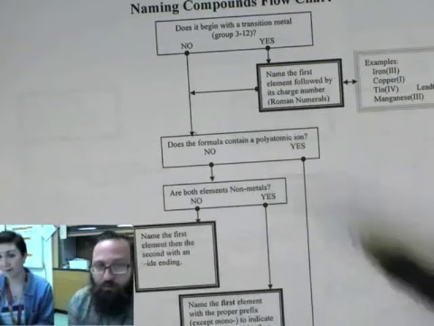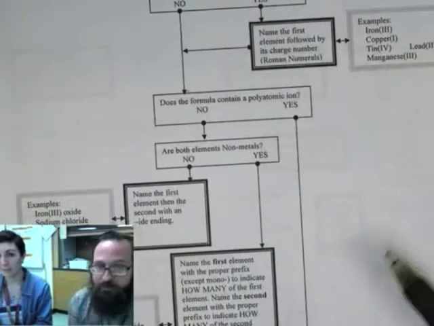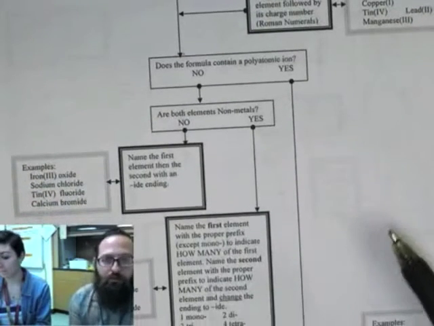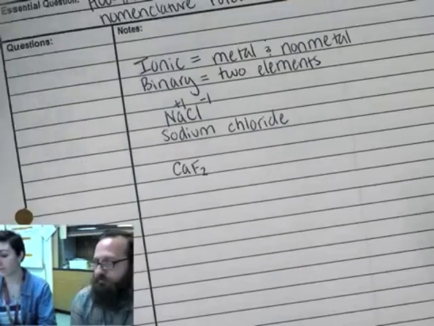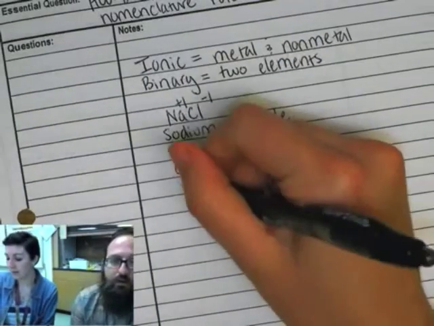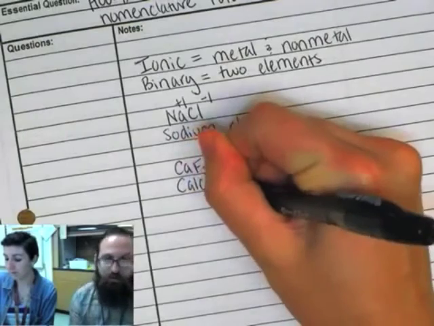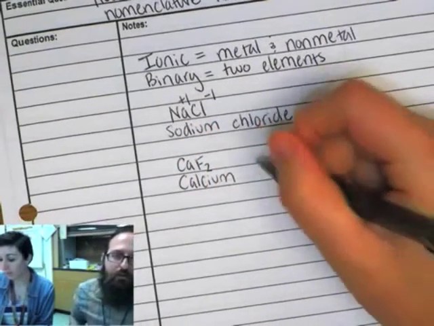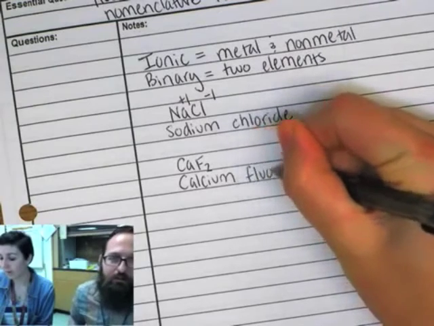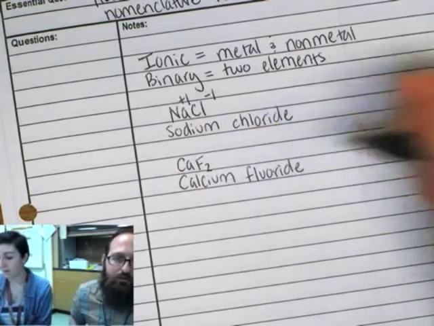So we've got calcium, which is our first element, and fluorine is our second one, but we're going to change it to fluoride. That seems simple enough. So we're going to say calcium, and then fluorine will become fluoride. That doesn't seem hard.